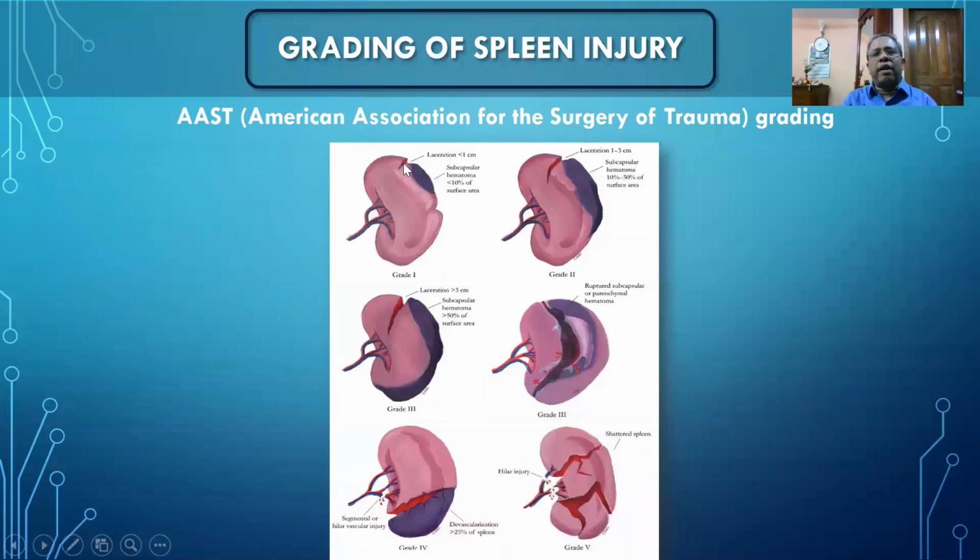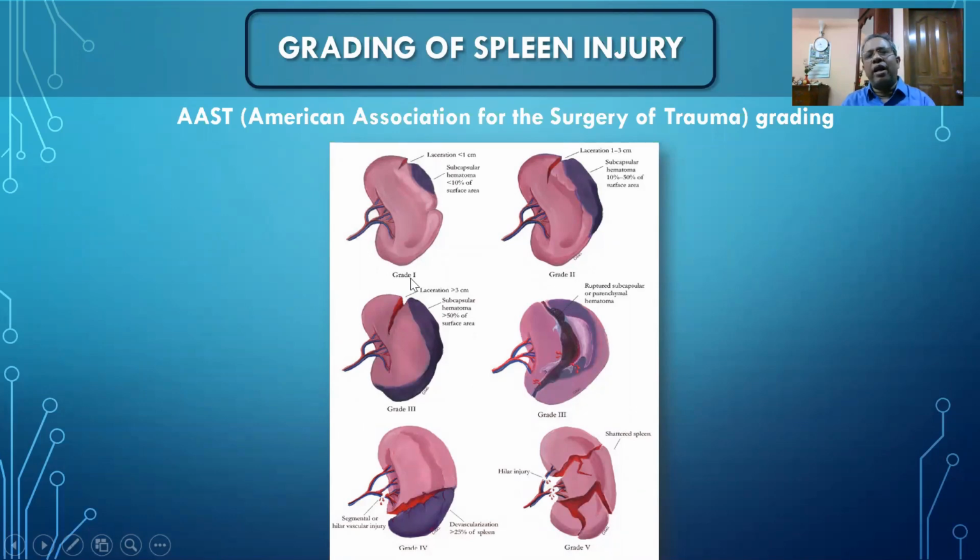If only one side of the capsule is torn to some extent, a laceration less than 1 centimeter, and there is a small subcapsular hematoma less than 10% of the surface area, compared with the whole spleen, and the laceration size is less than 1 centimeter.